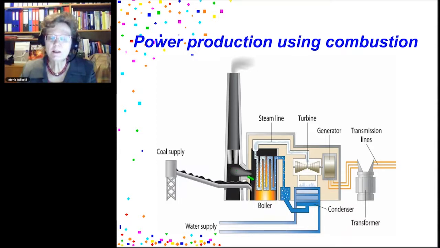This heat boils water in the water circulation, and it makes steam, high pressure steam, which is taken to the steam turbine, connected to the generator, and in that way we get electricity.